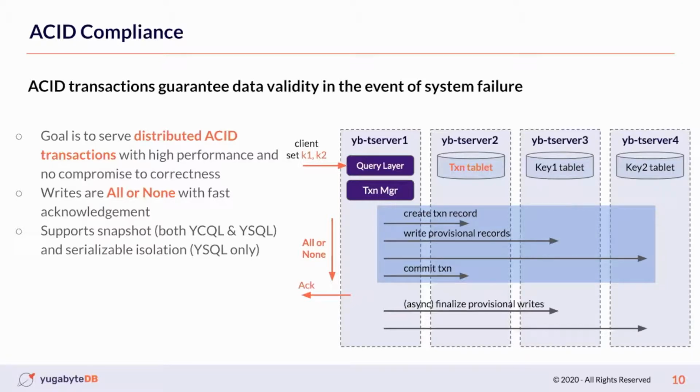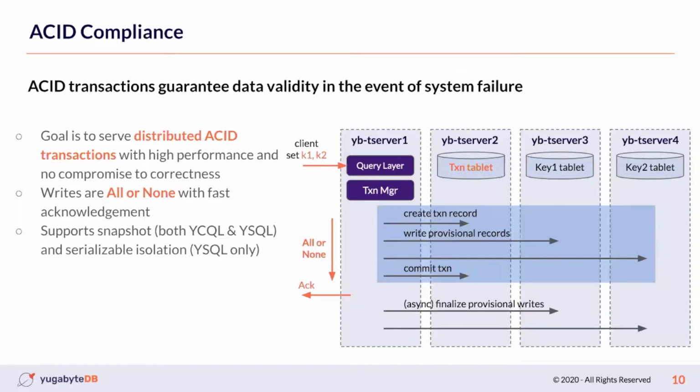The way this happens is by using a two-phase commit internally, where the transaction performs a lot of provisional writes that go to the various tablets or shards and write each of the pieces of data. Once all of those provisional writes are successful, the entire transaction is flipped to being visible, at which point it starts getting served.